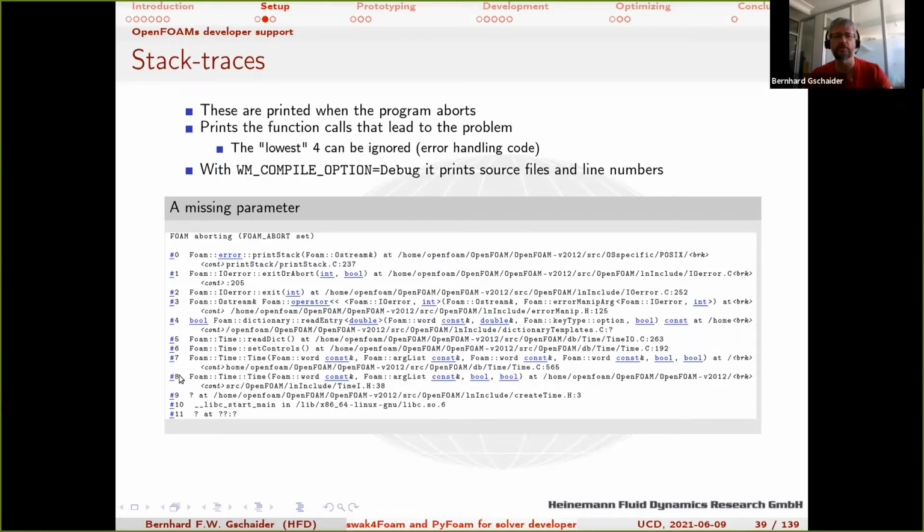Basically, the top stack frame is here where the actual OpenFOAM program is started. Oh no, here where it started. And between that, you will find the location where you have your error. In this case here, it's in number 3. Usually you can ignore the top 3 stack frames because these are administrative stuff by OpenFOAM.